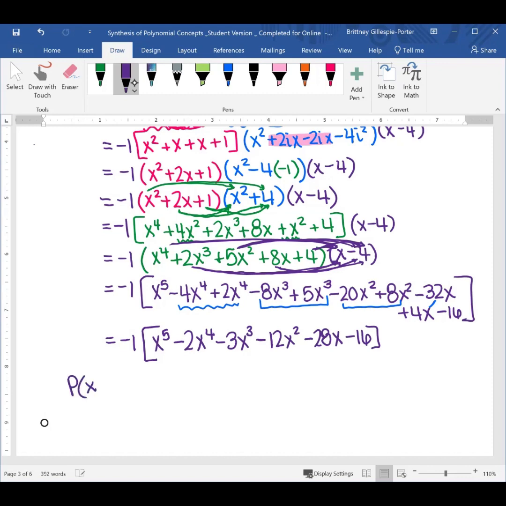Very, very last step. We need to distribute that negative 1 all the way through all of our terms. But don't despair. That just means that we are going to make everybody's sign change.